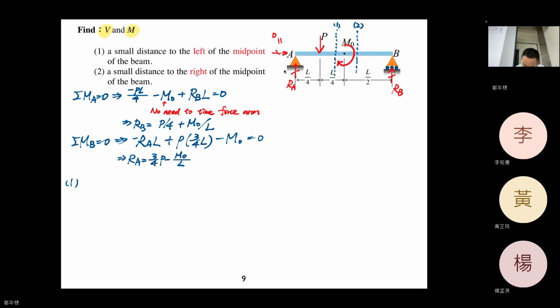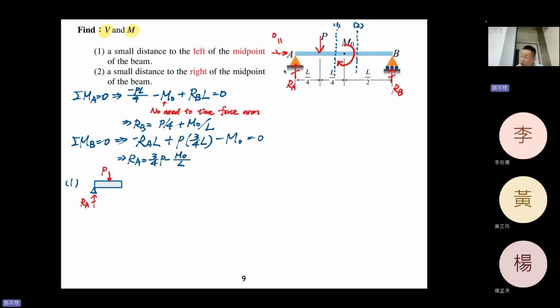So now you can see that I leave the left-hand side. If we leave the left-hand side, we have P here, and we have RA here.